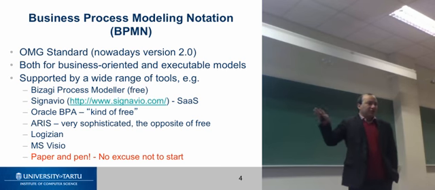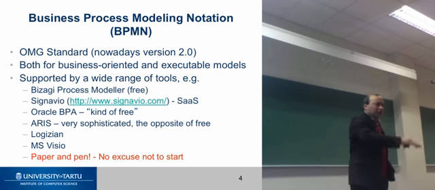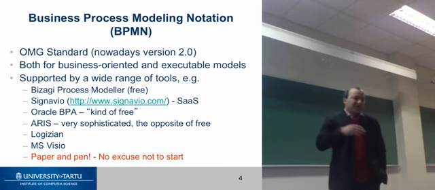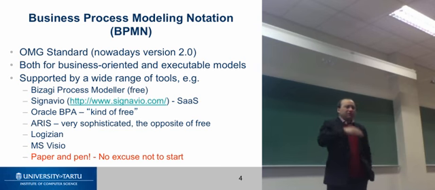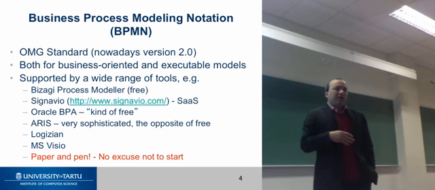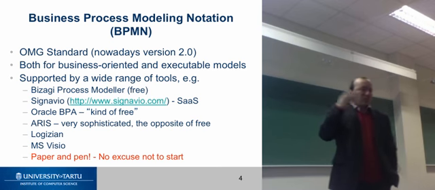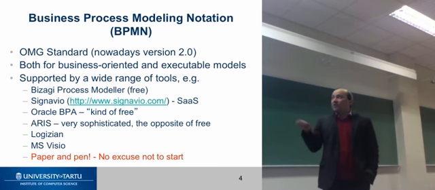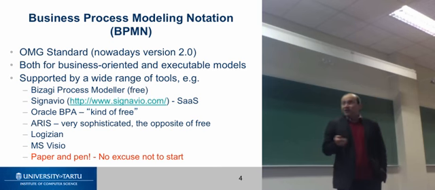This is like professional grade, where you will not only be doing process models, but you will have a repository where you share the processes and you can categorize them and search through the processes, and it has functions for simulating processes, doing all sorts of reports with the processes, and enforcing modeling guidelines, as I will discuss later, and so on. It's perhaps one of the most sophisticated tools out there, but it's the opposite of free, whatever that is.